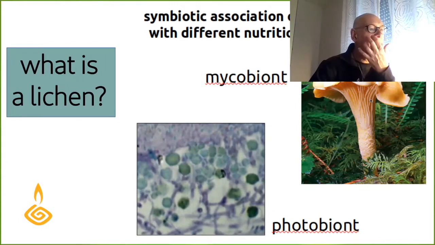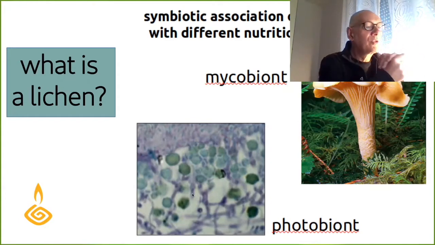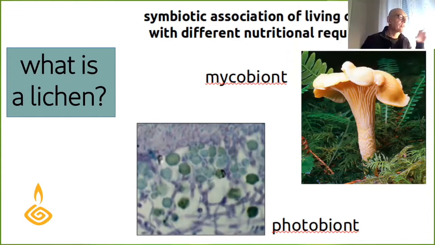And you see here, this is the fungus, and this is the alga. And you know, algae have the capacity to do photosynthesis, which is the mechanism that allows the storage of carbon dioxide from the atmosphere into sugars through the use of the energy from the sun.